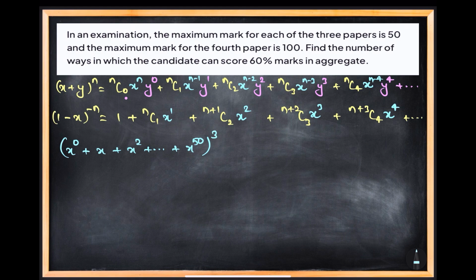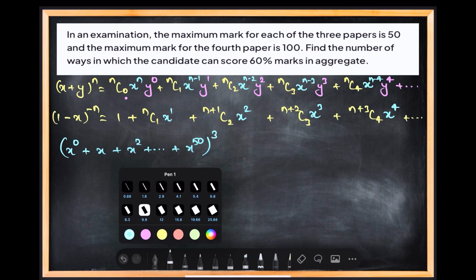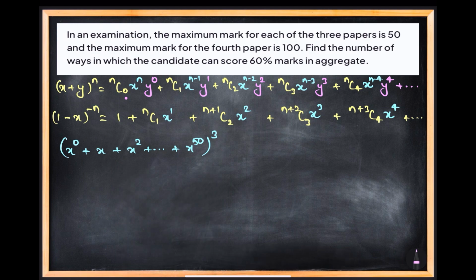So can I put power as 3? Now the next paper has lower limit 0, x power 0, and upper limit 100, so can I write x power 100? Now look at this, it's in GP.